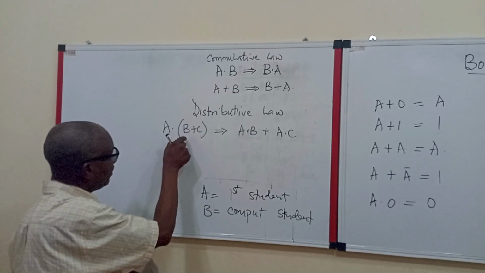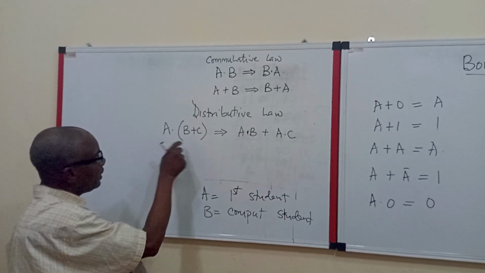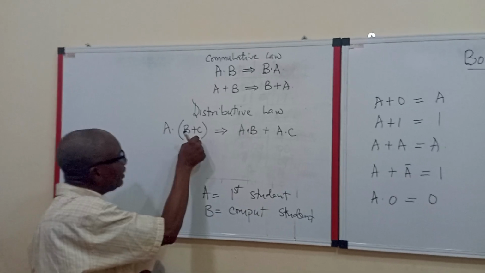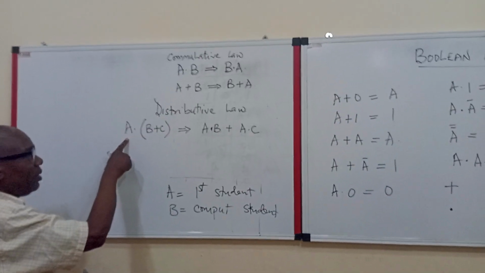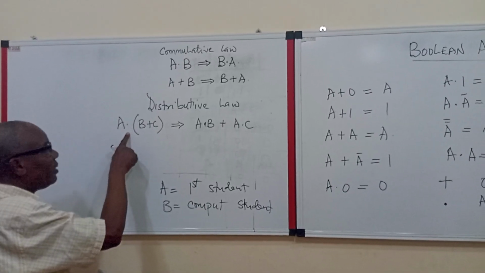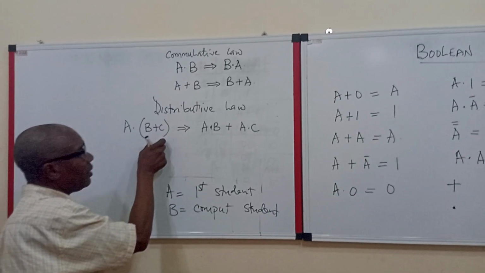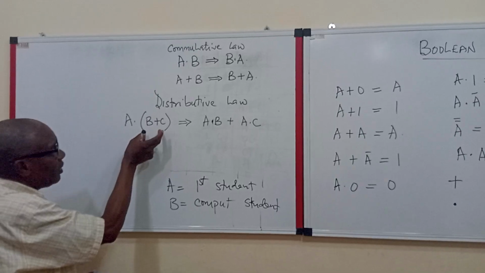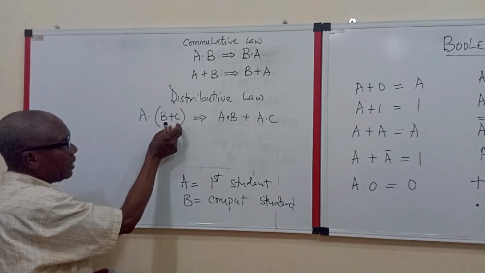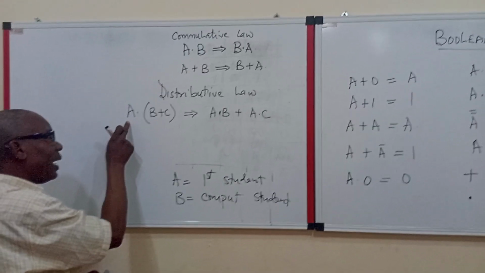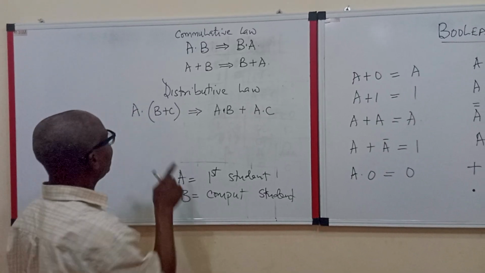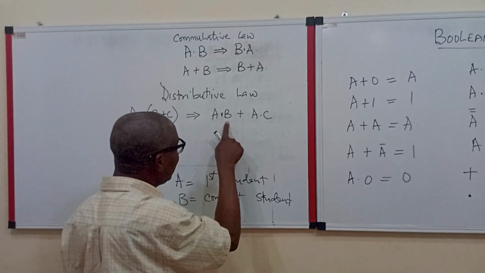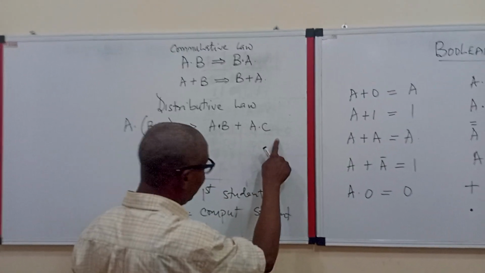When you say A and (B or C), mind you, in this case the OR operator works first, and then the AND operator. It's the same thing as saying A and B, or A and C.